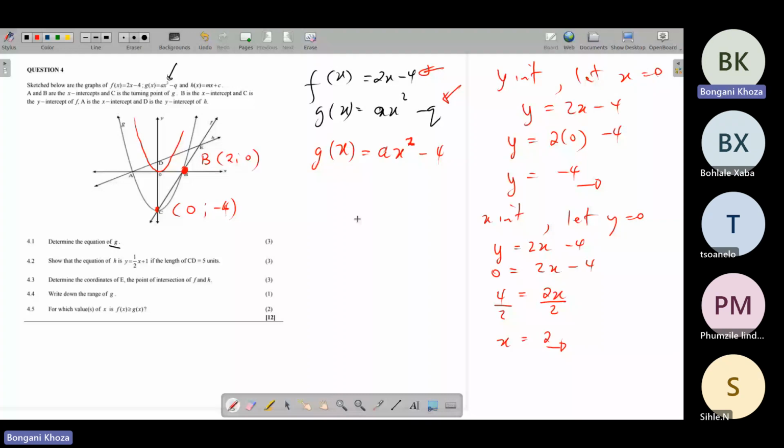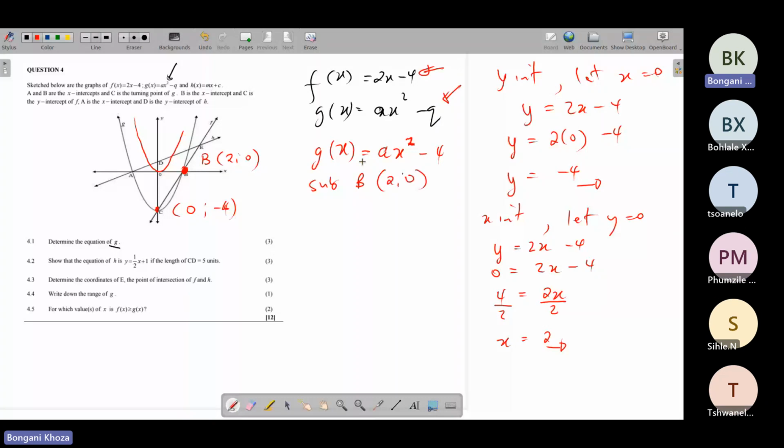Right? So here we can just substitute the coordinate of b, which is 2 and 0, into g. Remember this part is just your x value. This is x and this is y. So this will be where you see y. Remember the letters, whether it's g at x or y, all of these mean the same thing.